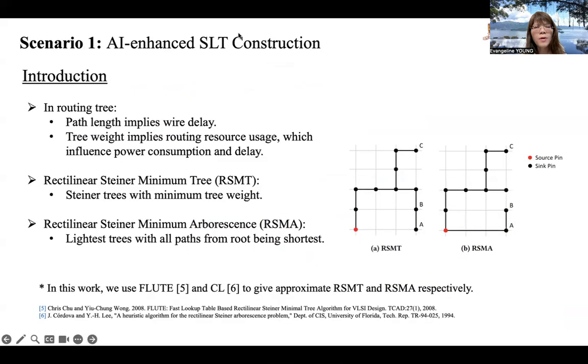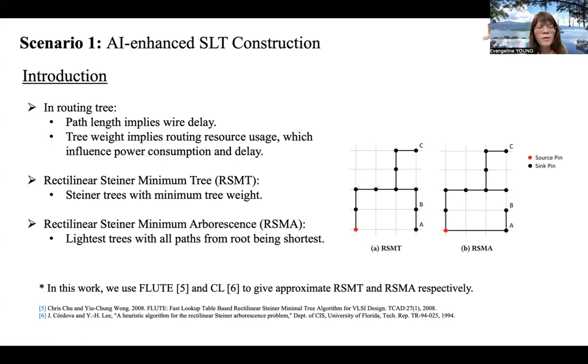So the first scenario is the construction of a shallow light tree. We all know that the shallow light tree is very important because on one hand, we want to minimize the path length, which implies wire delay. We also want to minimize the total weight of the tree, which corresponds to routing resources, power consumption, and also delay.